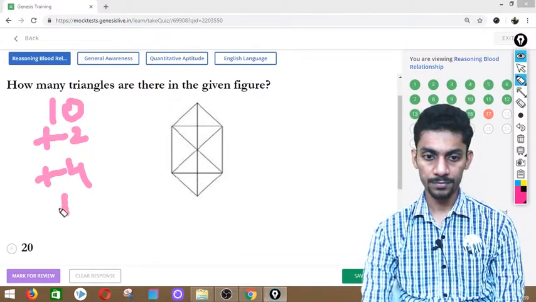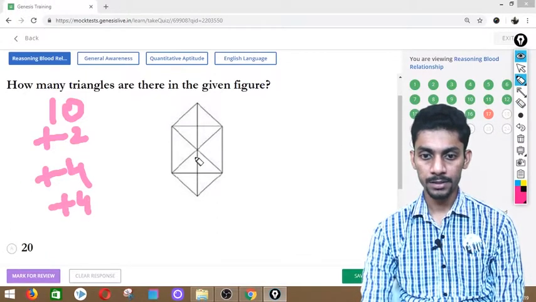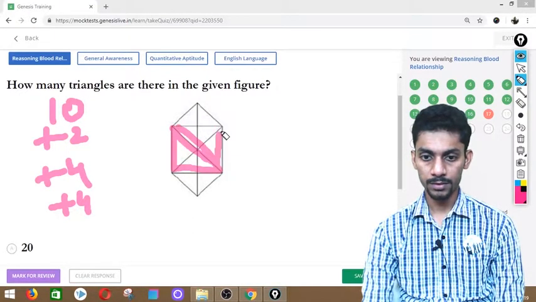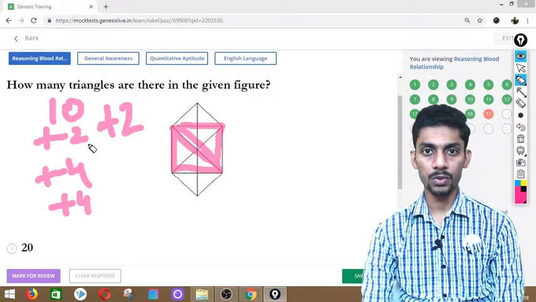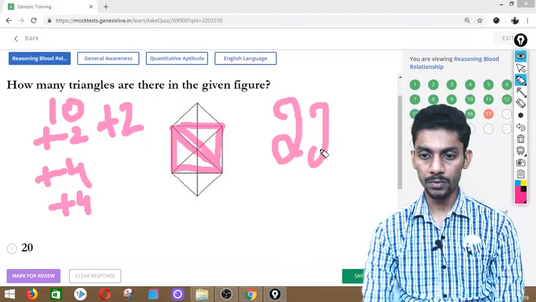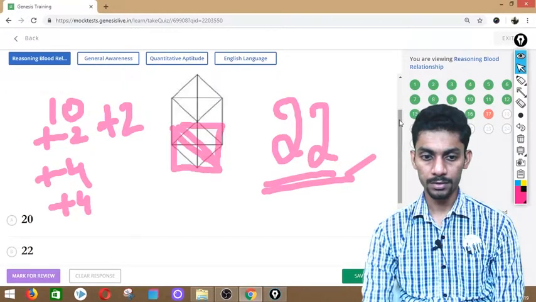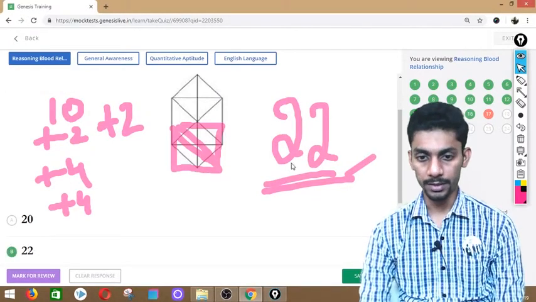So plus 4. Right. What else is remaining? This one and this one. Plus 2. So 10 plus 2, 12 plus 8, 20, 22. There are 22 triangles. Is that option there? Yeah. Option B, 22 triangles.